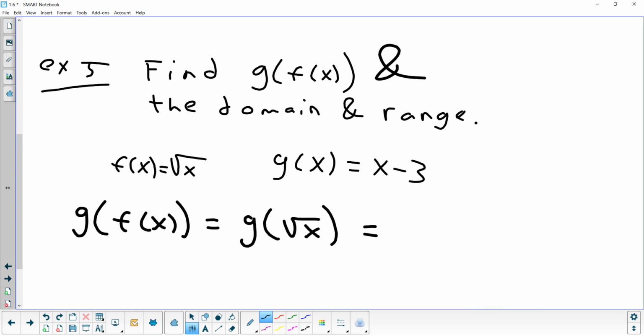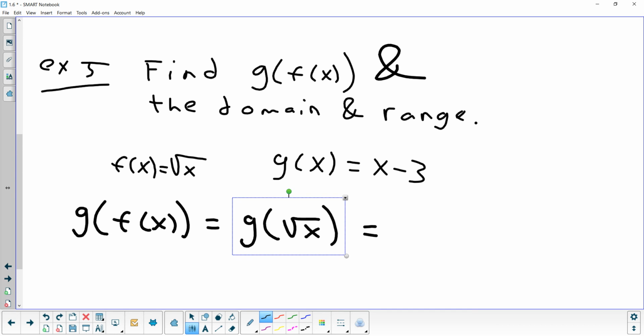All right, so Abigail, can you explain what this means to me? G of square root of x? You need to plug this into their x. What are you going to plug this into? This is f of x right here, and that's going to get plugged into what formula?